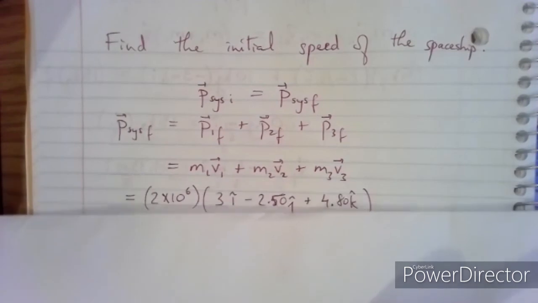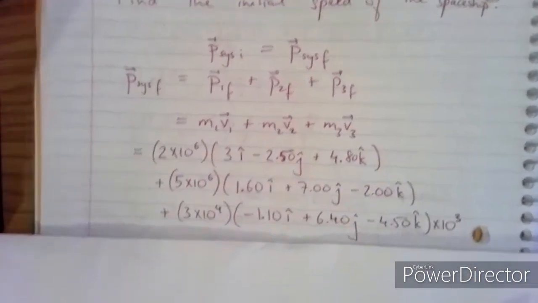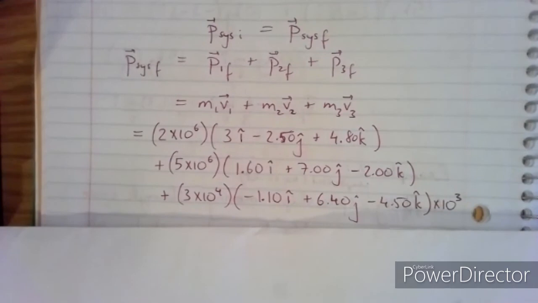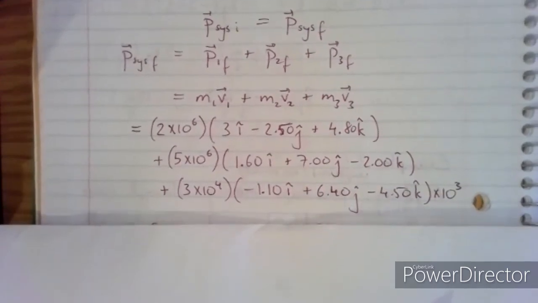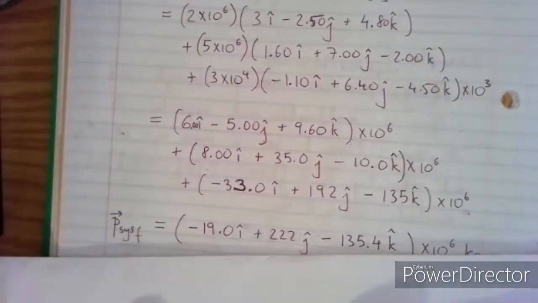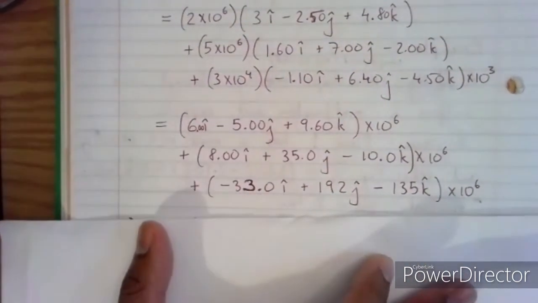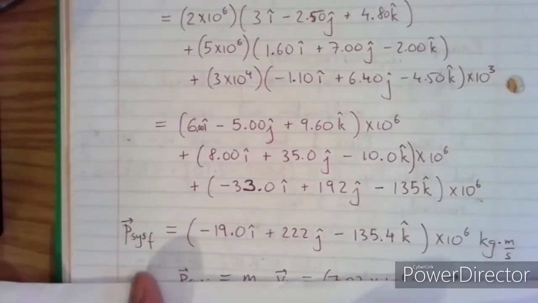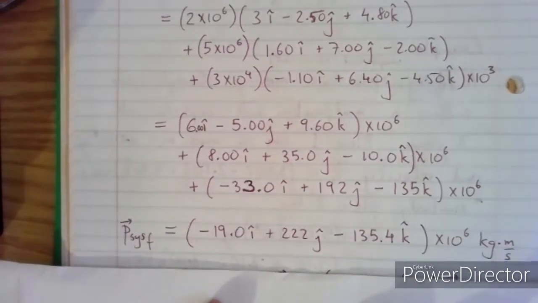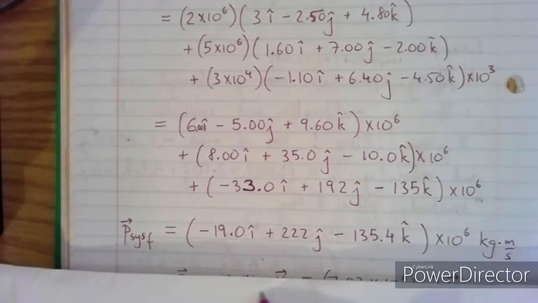Remember, these are vector quantities. Plug in the values that were given. Not going to go over all the arithmetic in detail. I'm just going to show it on the screen. You can pause the video and check it out. Let me know if you find any mistakes. And so we add all that up and we get the total system momentum in the end is this quantity.